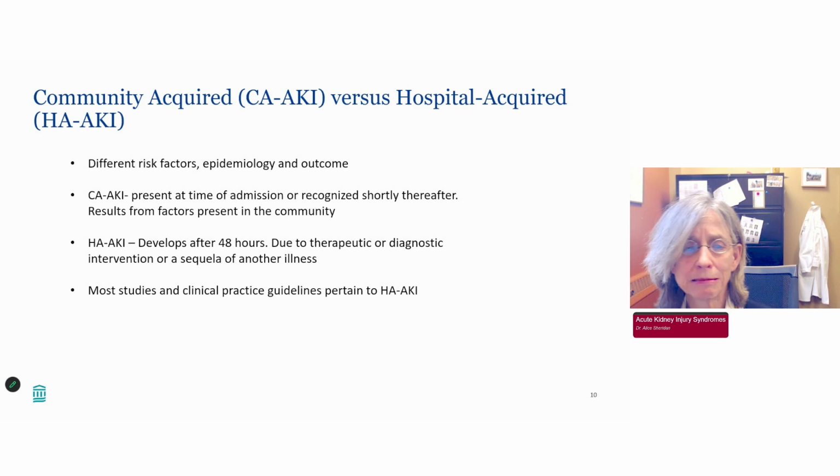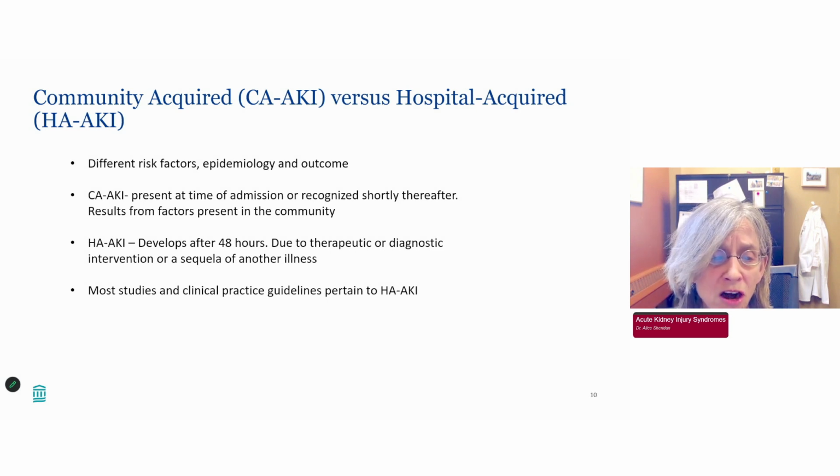Hospital-acquired is a different entity from community-acquired AKI. Causes, risk factors, and outcomes are distinct. Community-acquired AKI presents at the time of admission or is recognized shortly thereafter, and it results from factors that are present in the community. Hospital-acquired AKI develops after 48 hours.